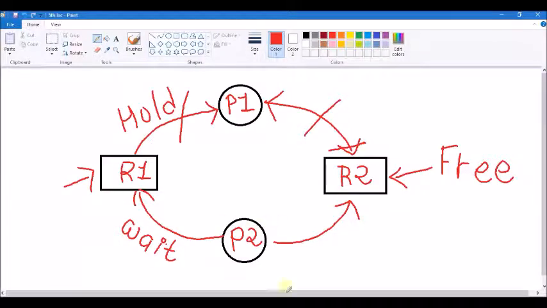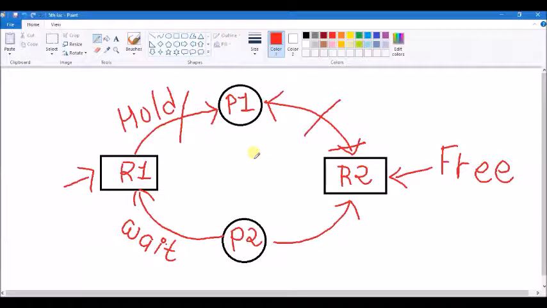Now P2 is requesting R1 and R2 both. So this request is successfully granted and the resources are allocated to process P2. After granting this permission, its need is now zero. So it will also release R1 and R2, and hence P1 and P2 both are successfully completed. So the safety algorithm will simply return that the system is in a safe state.